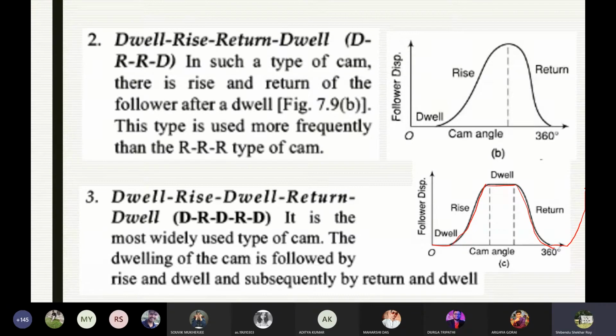The follower will move, and we would like to analyze the third one. The second and first are special cases of the third one, when you can eliminate or minimize the dwell.